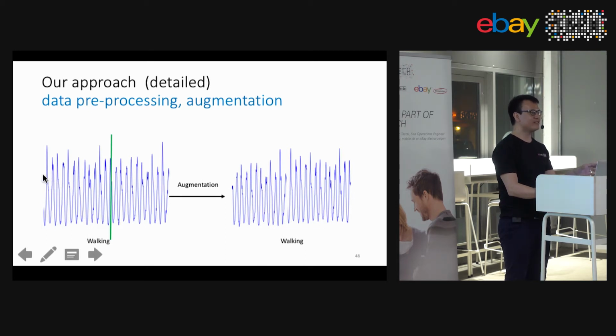You can use 5 seconds, 10 seconds, or any number of seconds that you want. Then randomly pick a separating point. In this case, it's this point. Then I get two parts, and swap the order of these two parts, which leads to this new segment. There are many more tricks you can use to augment your data set. This is only one of the simplest ways to augment the data set.